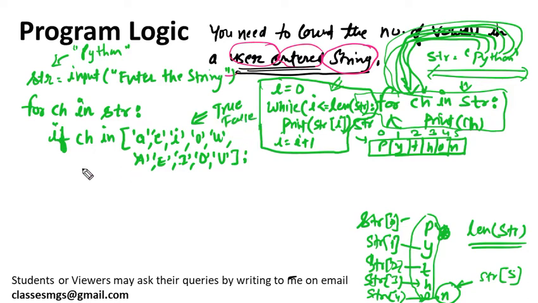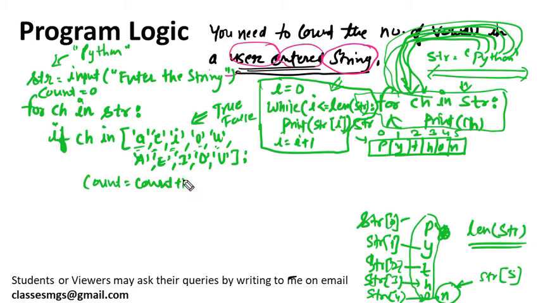If we encounter any vowel, then we need to count it. So we are going to create some count variable here. Count initially will be 0, and if this condition is true, that means a character that is a vowel is found in this string, then we are going to increment this counter by count plus 1.